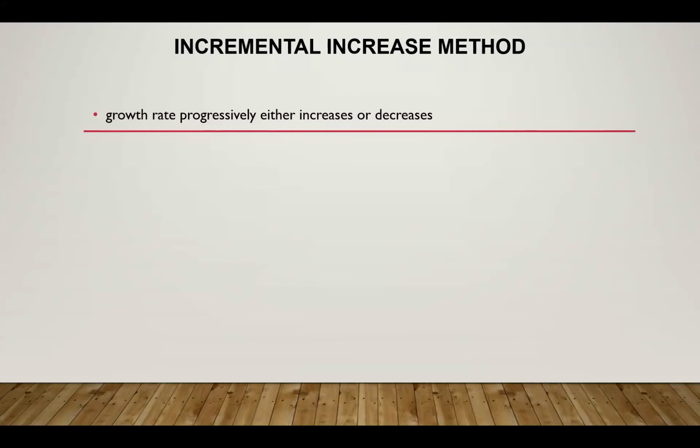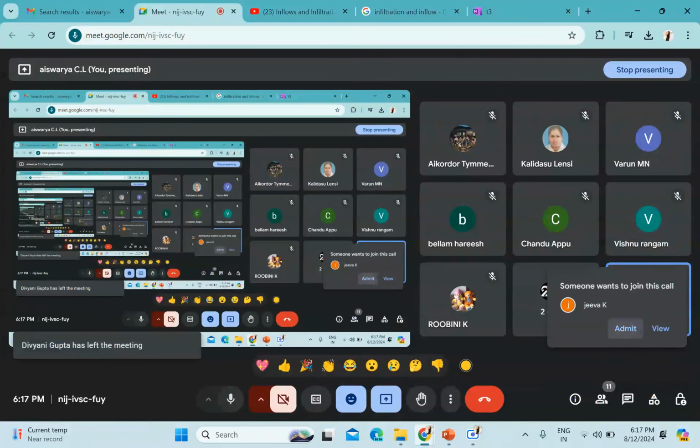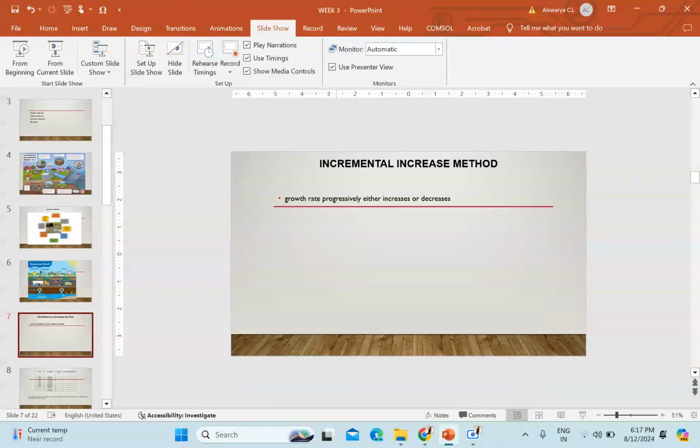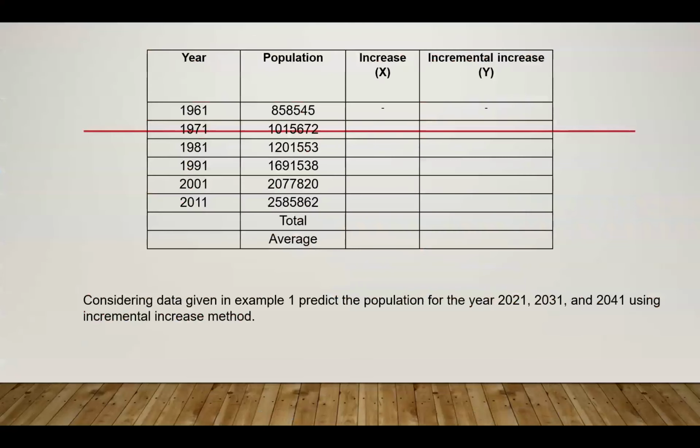So how can we predict the number of people in the future by the incremental increase method? Now let's see what the incremental increase method is. To understand it, we can solve this particular problem.